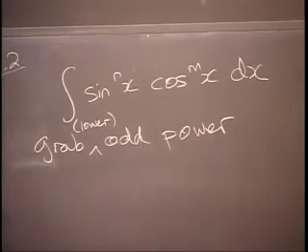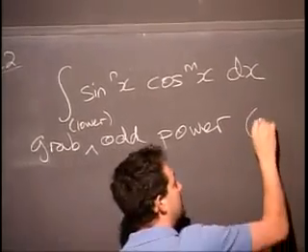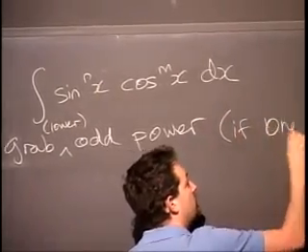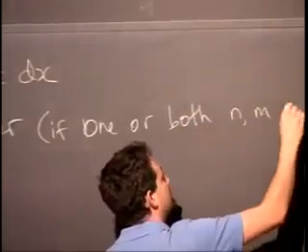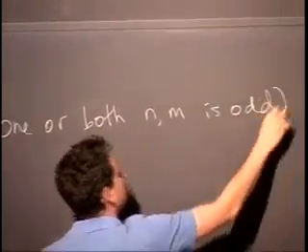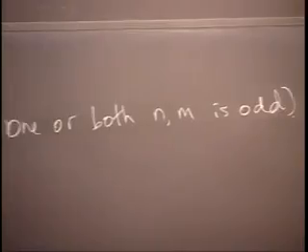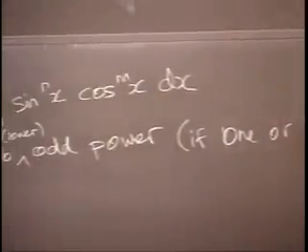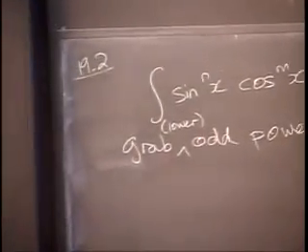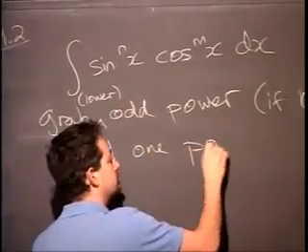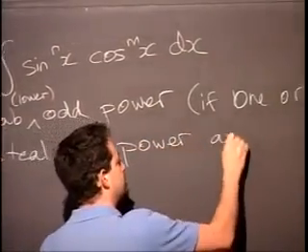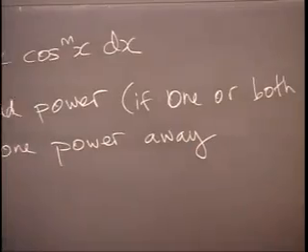If one or both of n, m is odd, grab the lower of the two, if you can, or whatever one is odd, and steal one power away, so that what's left is even, right?